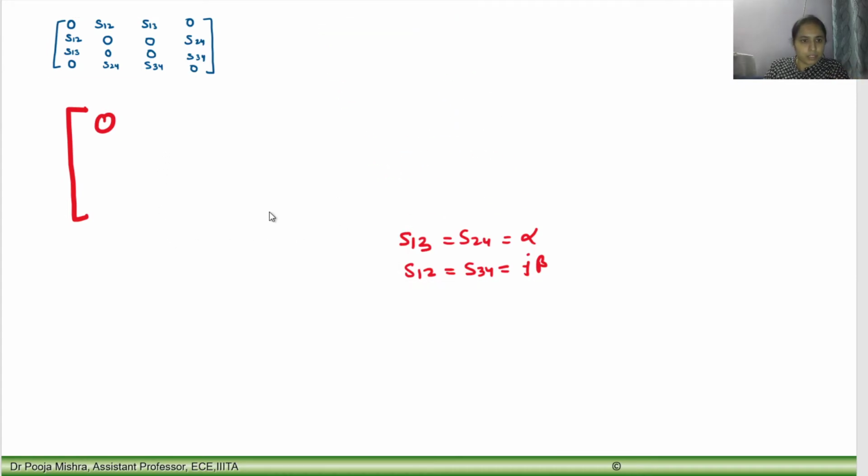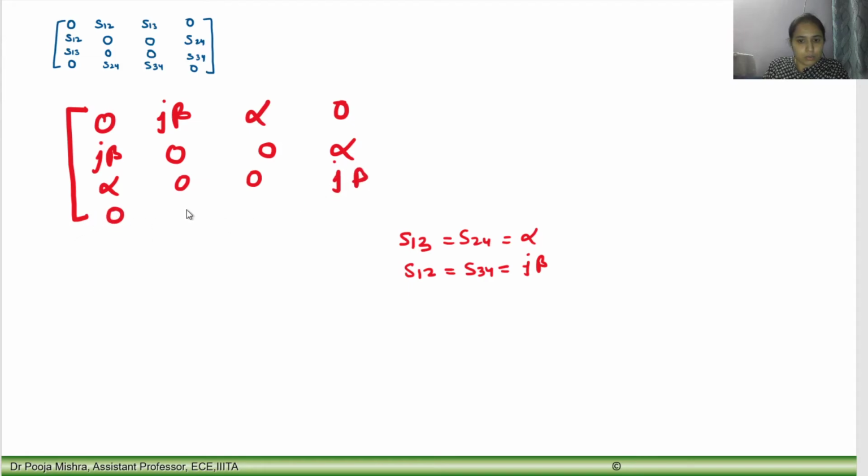So we have S12 is equal to j beta, and S13 is equal to alpha, it is 0. S12 is again j beta, this is 0, 0. S24 is alpha, and S13 is equal to alpha, 0, 0. S34 is equal to j beta, and 0. S24 is alpha, S34 is equal to j beta, and 0.